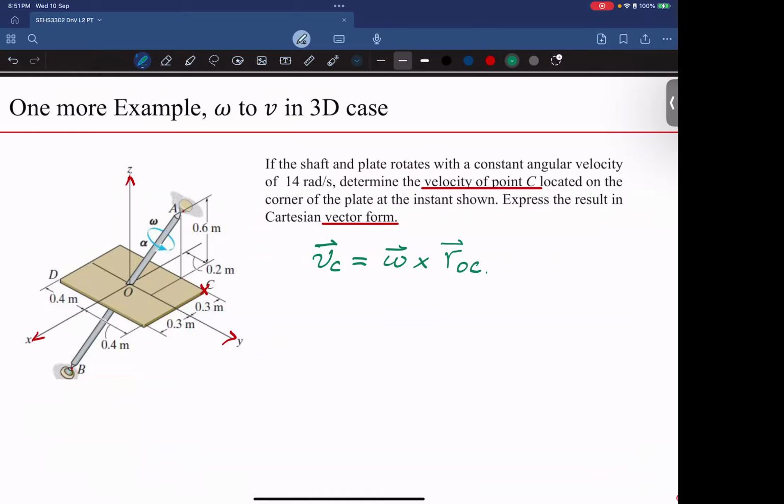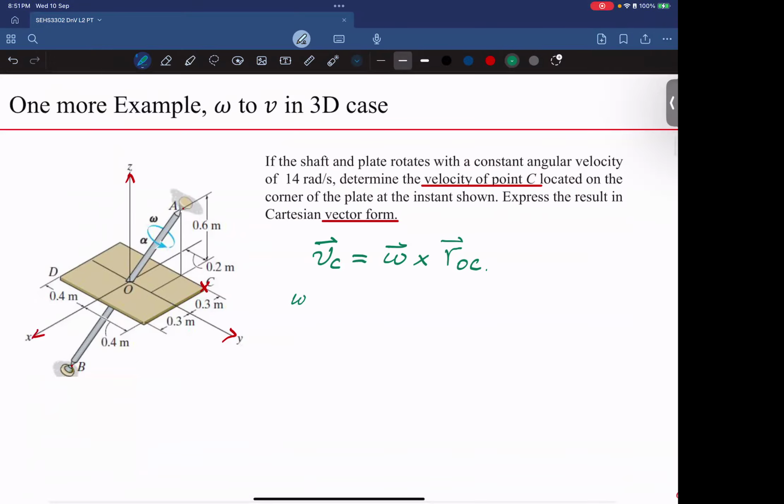But when I write down R_OC, you may ask, why not R_AC? Why not R_BC? AC and BC start from the shaft. BC is not good because for point B we do not know the position, right?